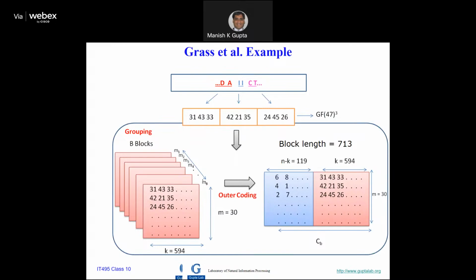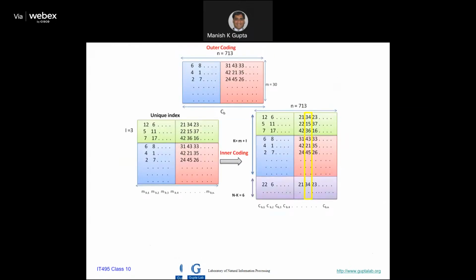Understood? We are just using Reed-Solomon code right now. So 594 bits are encoded into 713 bits. K, N. We know what K and N of the Reed-Solomon code are, so we know the distance also. Now, once we have this block CB, what are we going to do now?